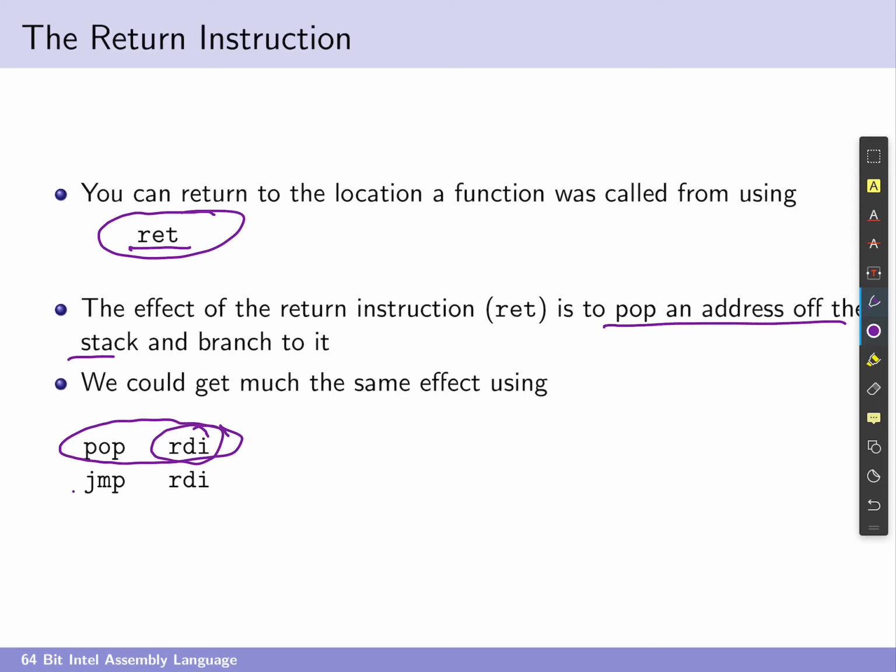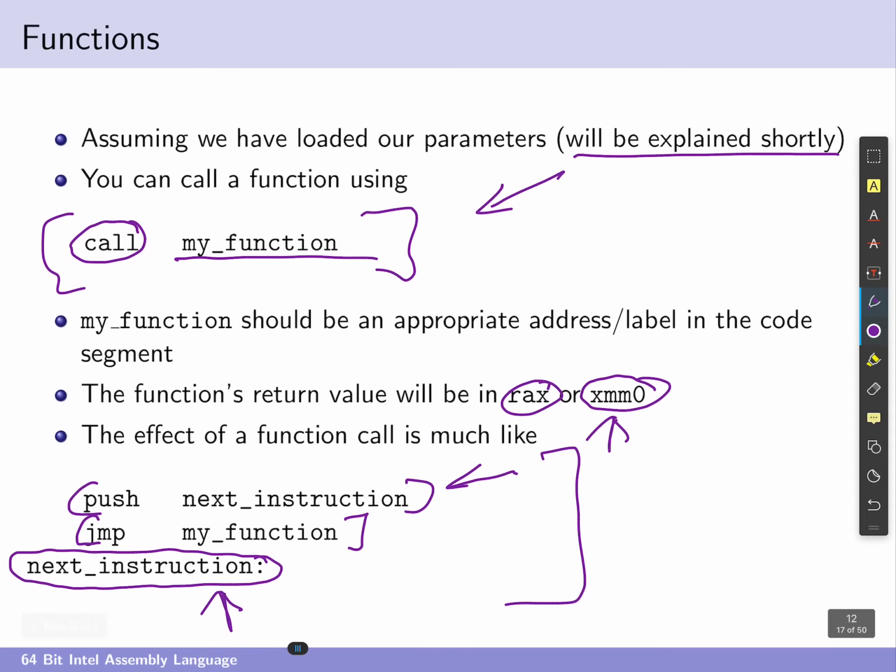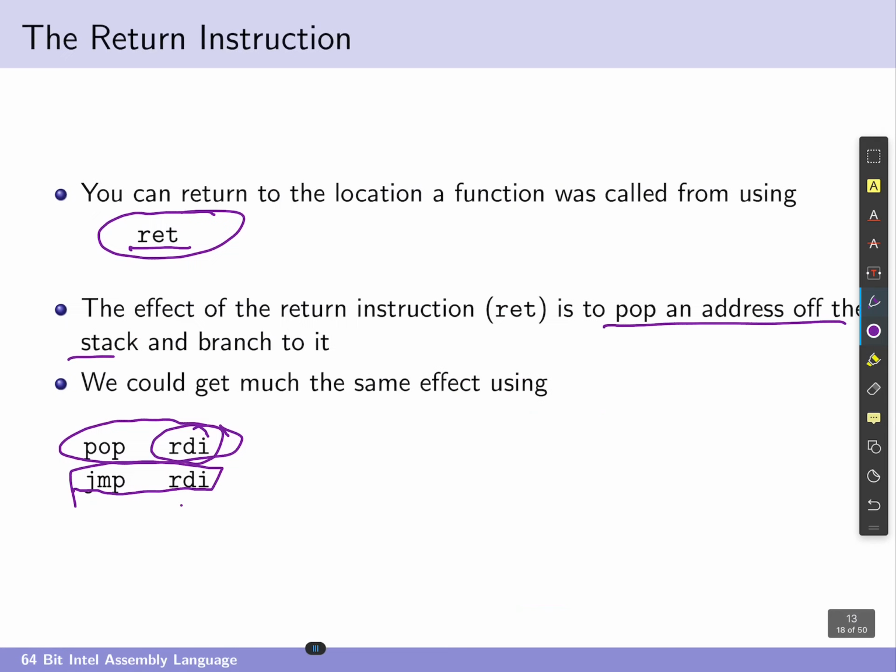So I'm going to pop onto RDI, and then I'm going to jump to RDI. So basically, I'm going to jump to the location that RDI contains. And if I had performed a call, then I obviously have the address of the next instruction nicely saved onto my stack, and that's where I'll end up returning to once I perform that jump.